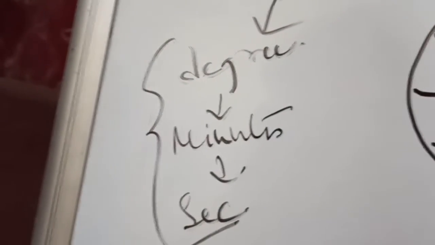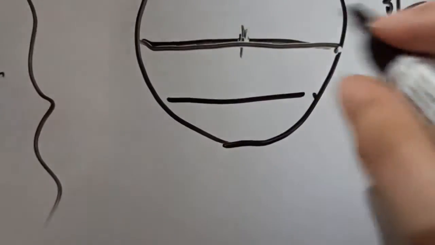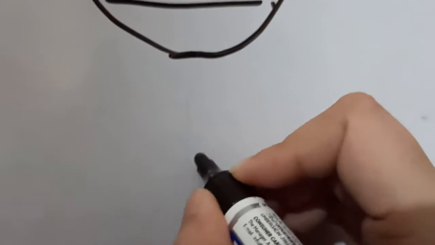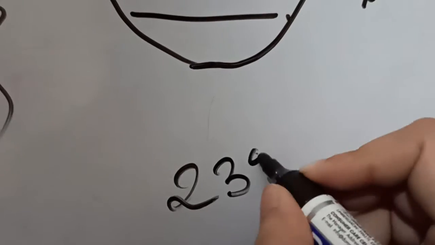The subdivisions of these values are important because they help us to get an exact location. For example, take a latitude of 23 degree north.